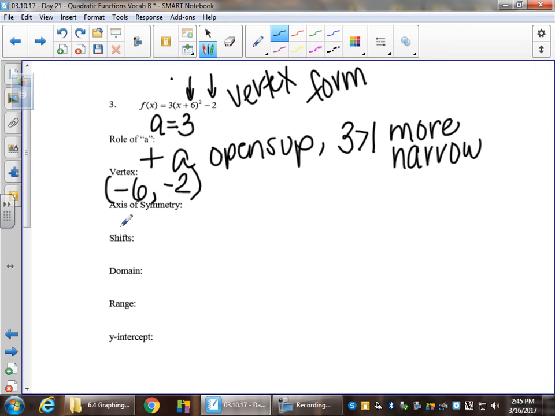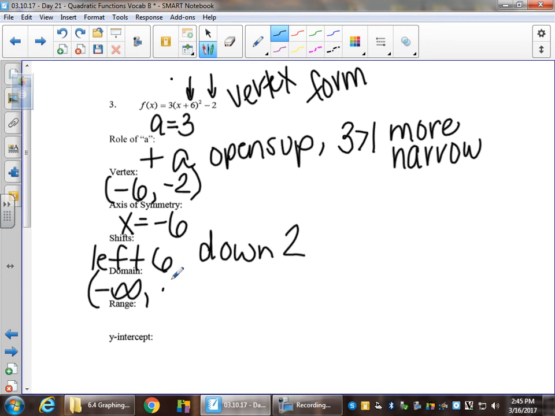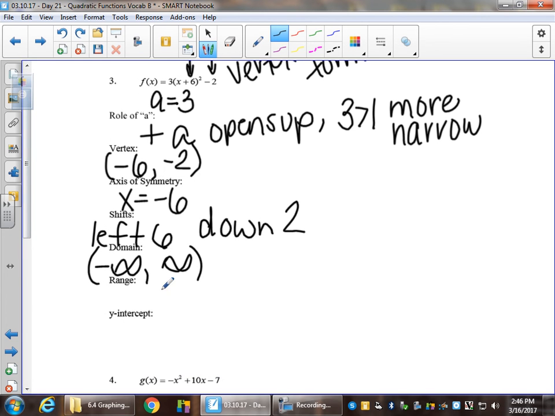Axis of symmetry, our x value of our vertex, x equals negative 6. We are going left 6 and down 2. Domain, always, negative infinity, positive infinity. My range, we have a positive a value. Therefore, my range is going to be y value, infinity. My y value is negative 2.